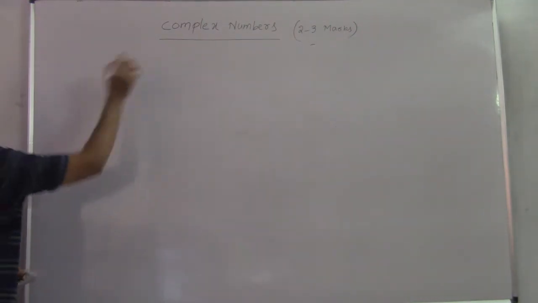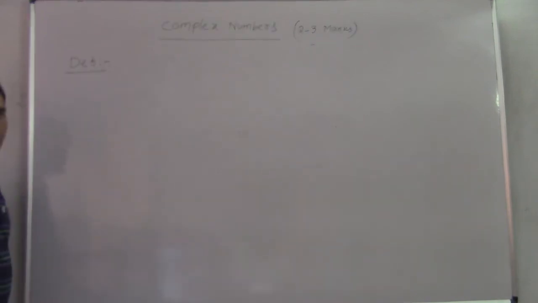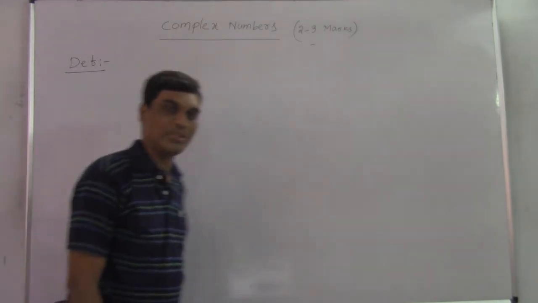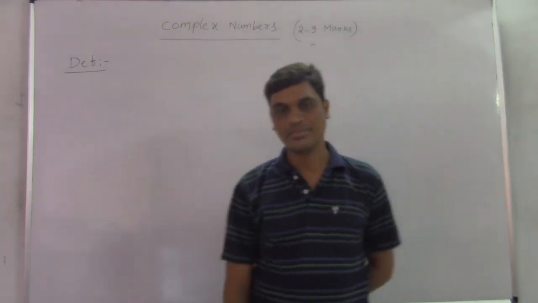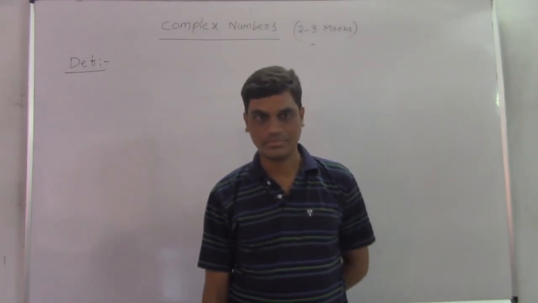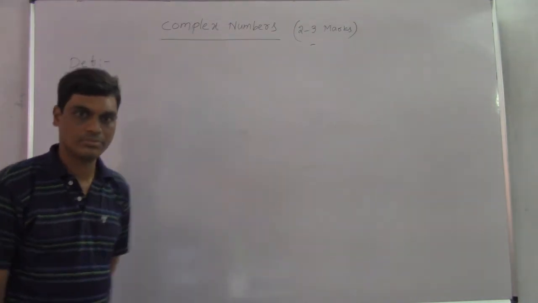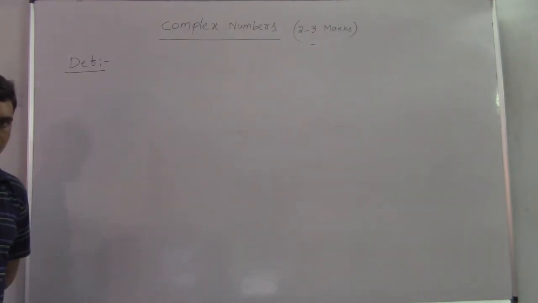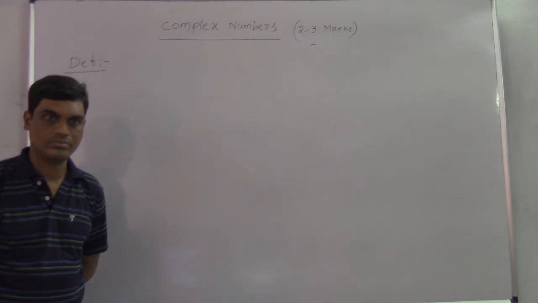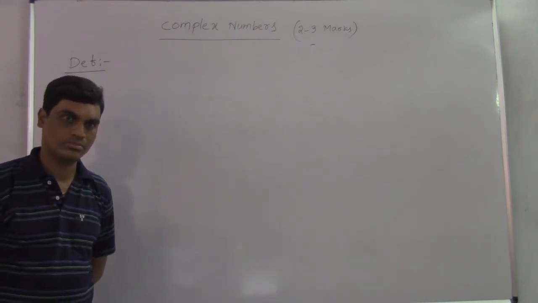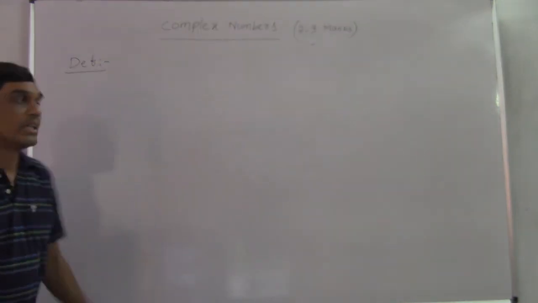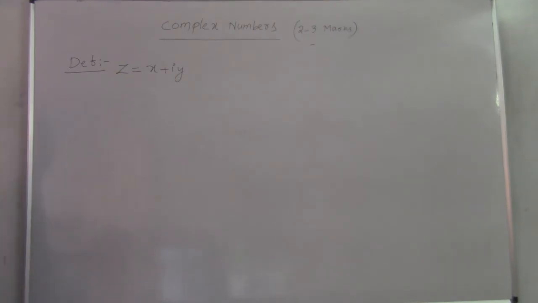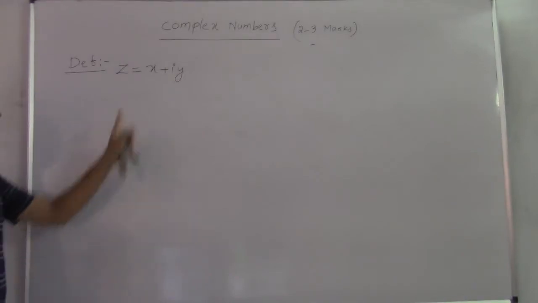Consider z is equal to x plus iy. And don't get confused, in some of the textbooks they will give small a plus ib.